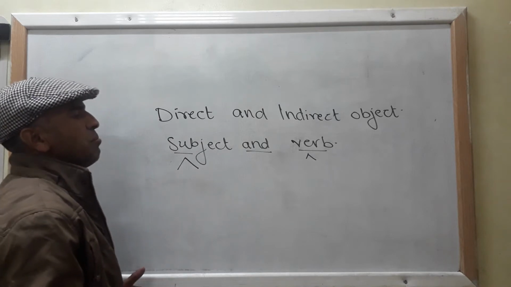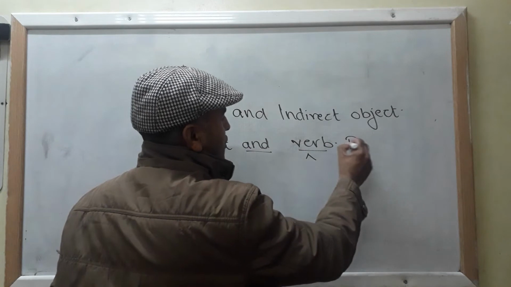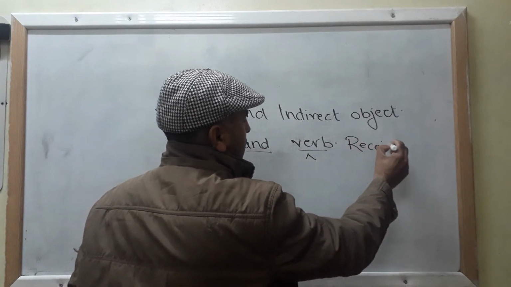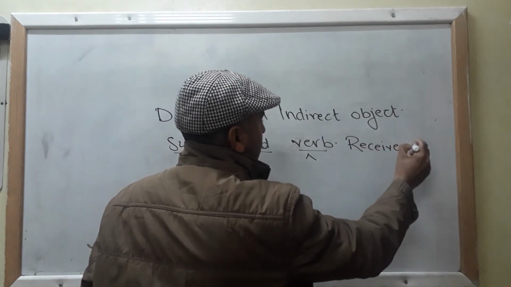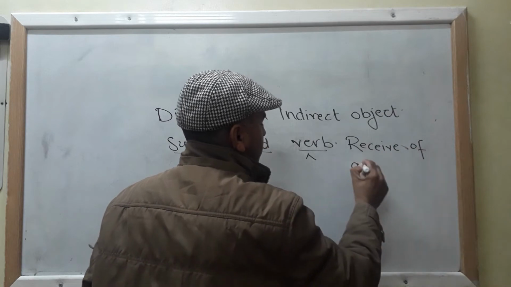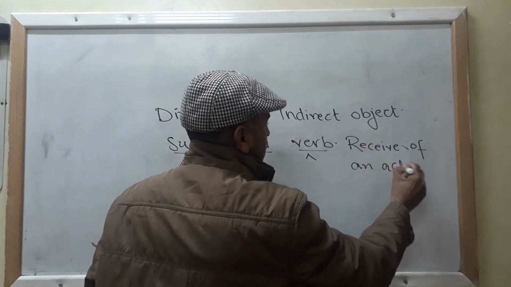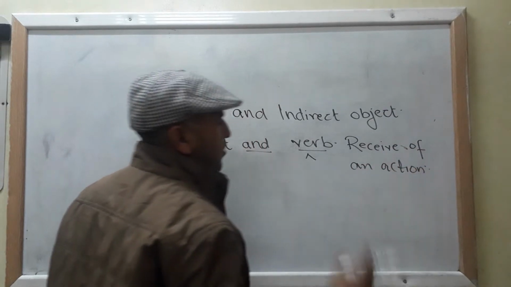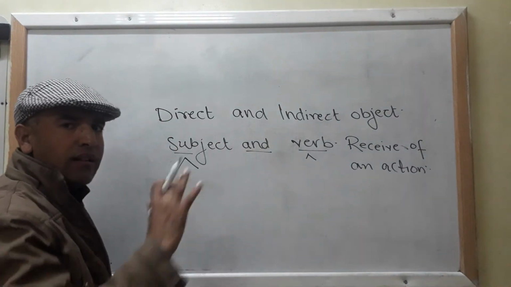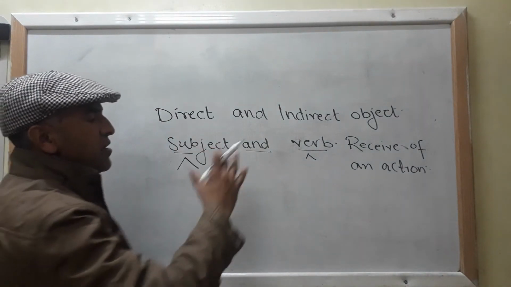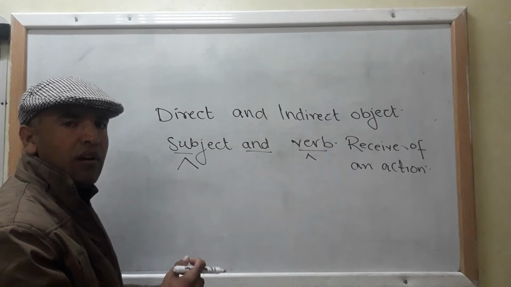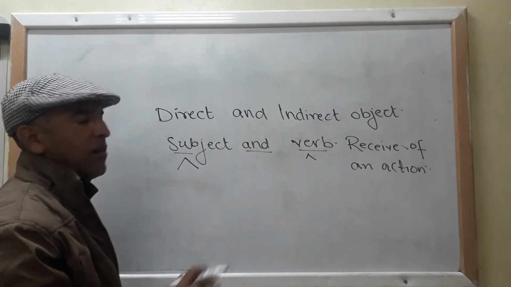Now object is simply receiver of an action. Means something or someone on the receiving end. Something or someone that receives the action on which something is done.